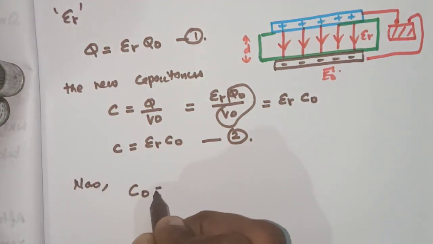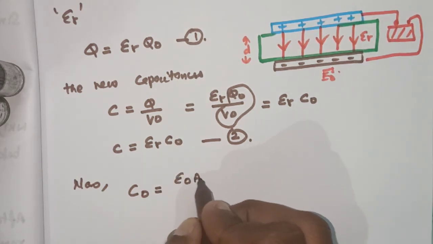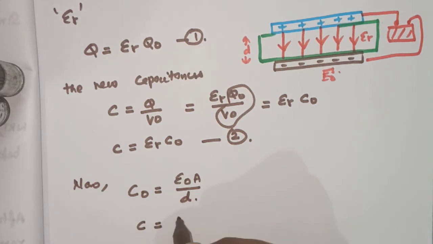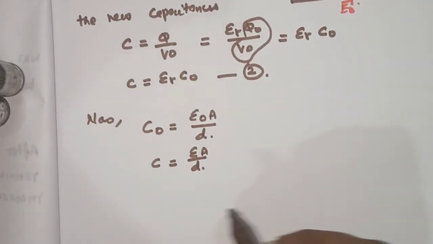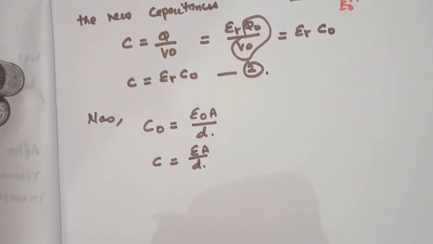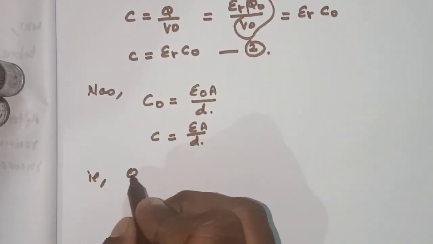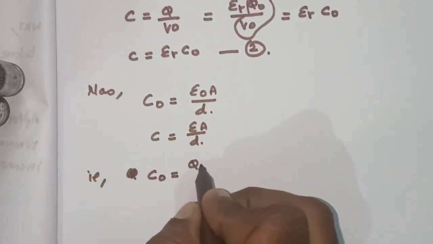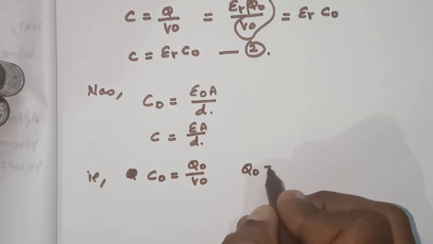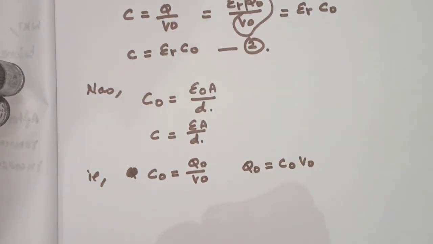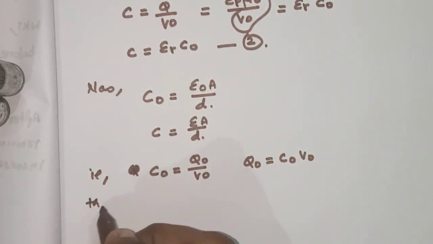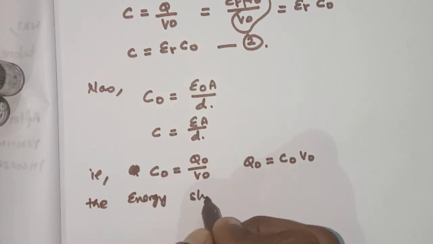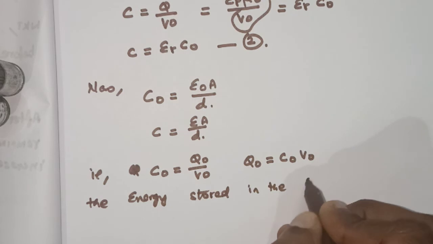So now C naught equal to, we know the relation epsilon naught A divided by D, C equal to epsilon A divided by D. We know the energy stored in the capacitor before insertion of a dielectric, that is C naught equal to Q naught by V naught, that is Q naught equal to C naught V naught.